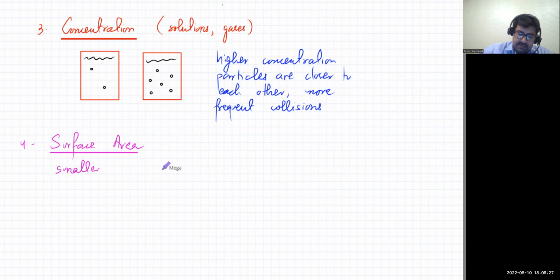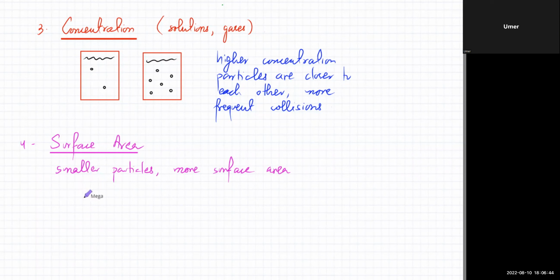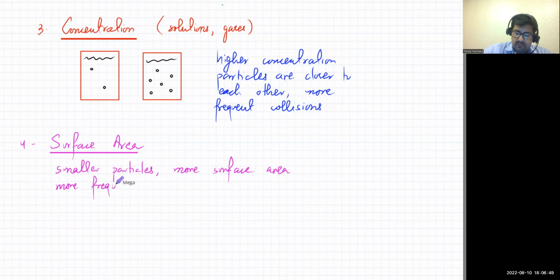So smaller particles, they've got more surface area, which is why there'll be more frequent collisions. So that's about surface area.